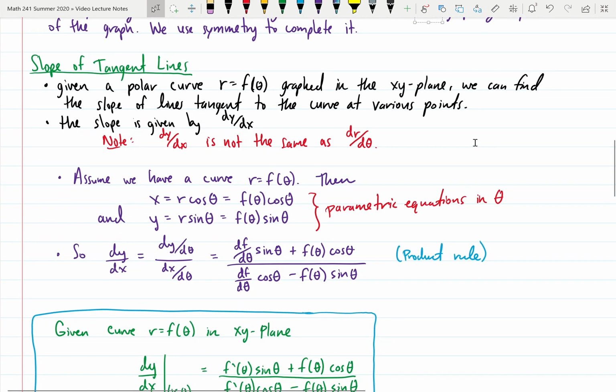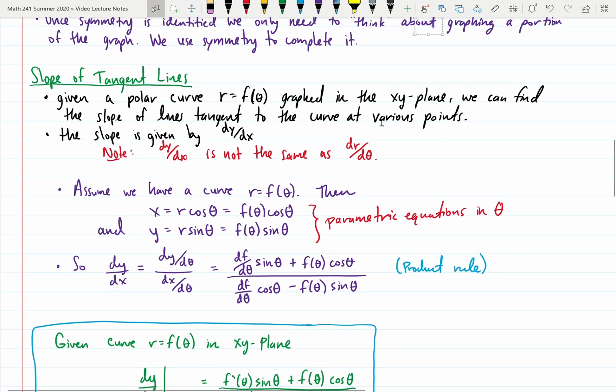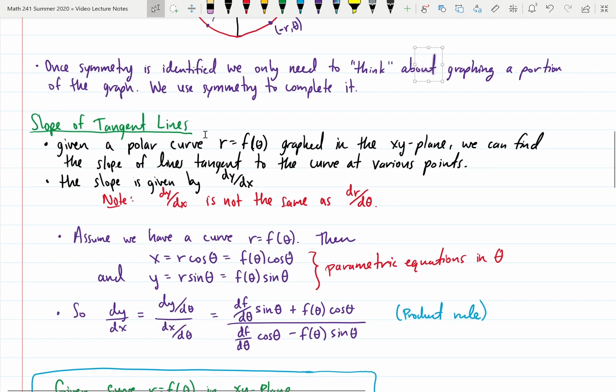Okay, so let's move down to calculating slopes of tangent lines for polar curves. I'm assuming this is inside section 11.4 because you could figure out an expression for dy/dx and then use it to get an idea of what tangent lines look like as you plot different points on your curve.